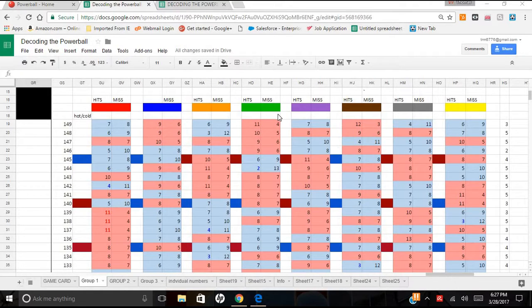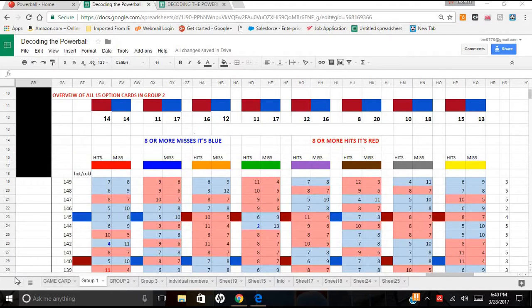It's the same thing over here with this brown. I kind of think this is going to be red, so after I eliminate all the numbers I can off of the game card, I'm going to come back to this brown area and pick numbers off of the game card. And hopefully those will be the winning numbers that come up.